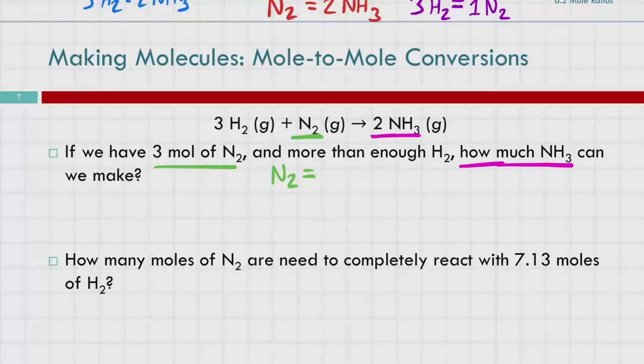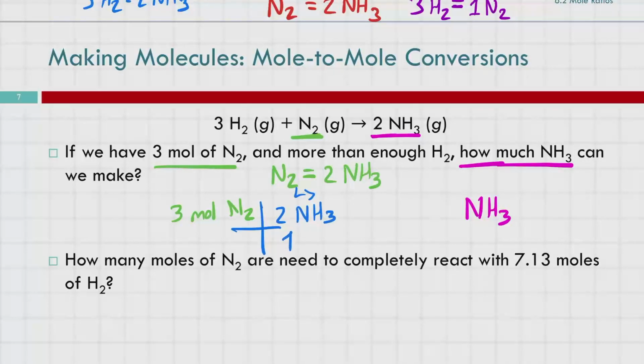So 1 N2 in equals 2 NH3 out. And that's where we get our conversion factor. So we're starting with 3 moles of N2, and we're trying to get to an amount of NH3. So we want to divide both sides by the N2 to make our conversion factor. That turns into 2 NH3 over 1 N2.